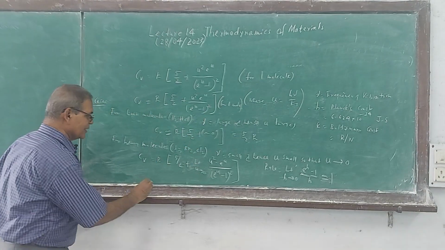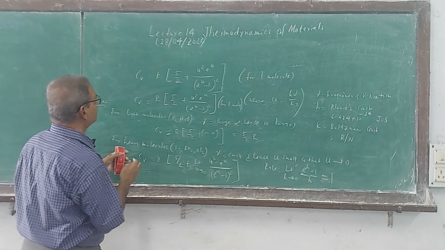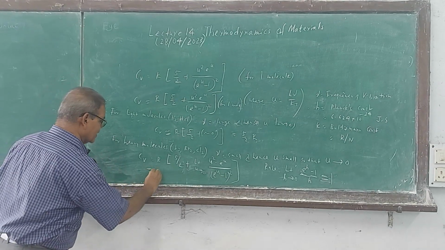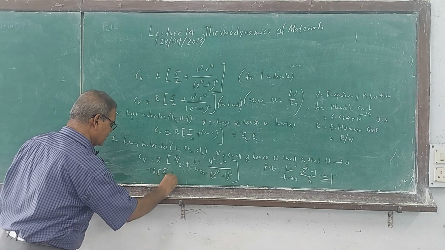Shall I write it here, or maybe above? Let me write: R times 5 by 2 plus 1.